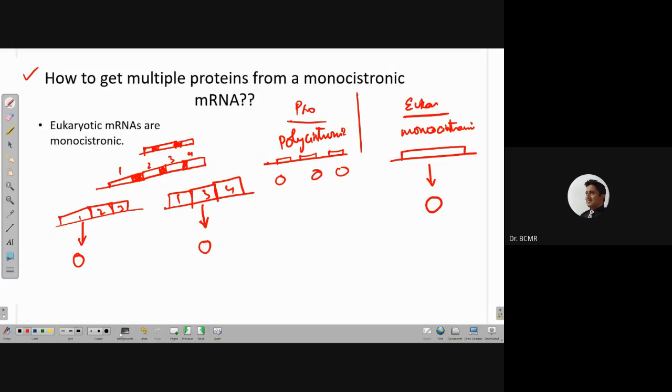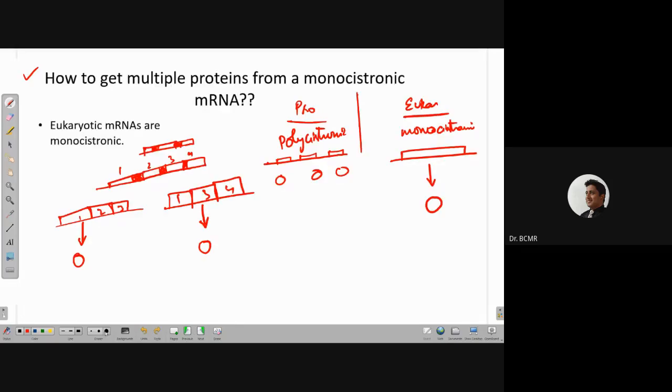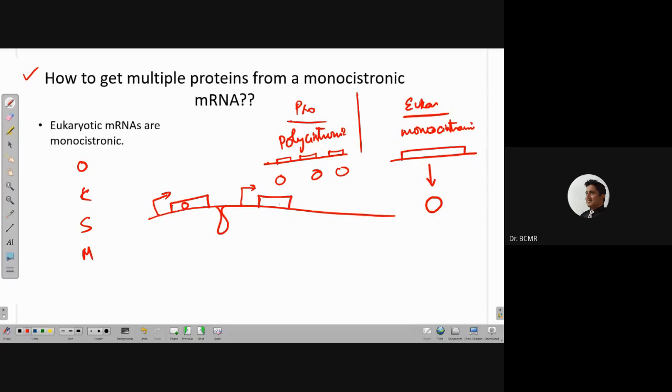Now, if I want to generate a situation where I have 4 different factors, 4 genes, O, K, S, M, and I need to express them, I will have to construct the gene of OCT4 with its promoter, then a terminator, then again a promoter, K, terminator, and so on.